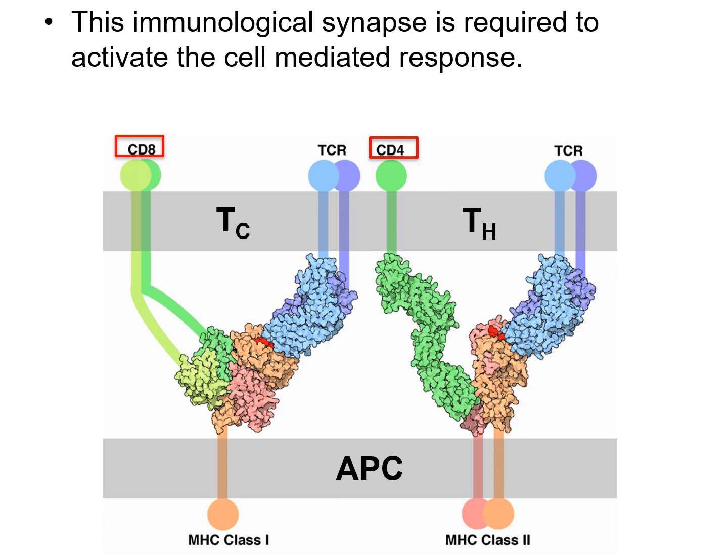The synapses, the joining of the two hands from the two separate cells, the APC cell and the T cell. So this immunological synapses is required to activate the cell-mediated response.